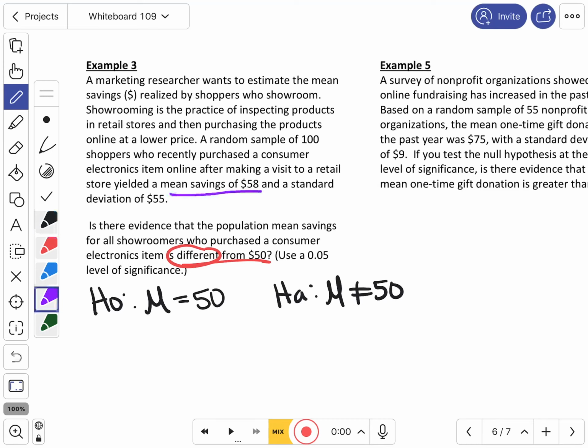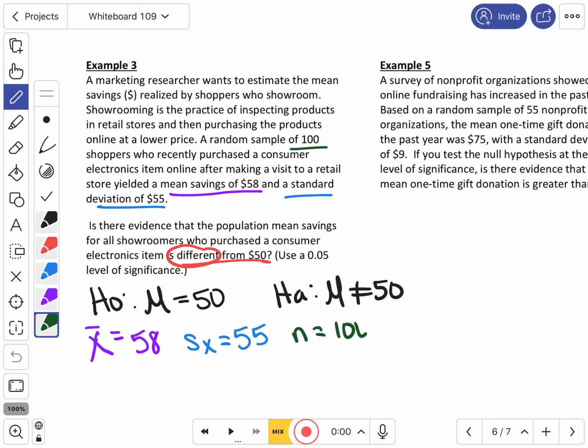It tells the mean savings, X bar, is equal to 58, and the standard deviation, S of X, is equal to 55. And we've done this for a sample of n equals 100. We're testing at the 5% level of significance, so alpha equals 0.05.